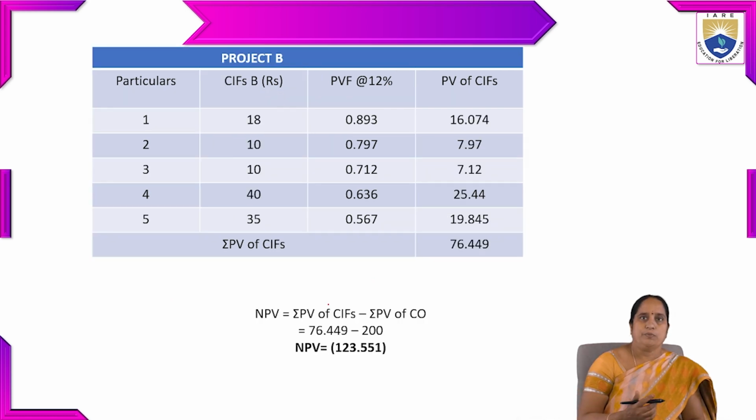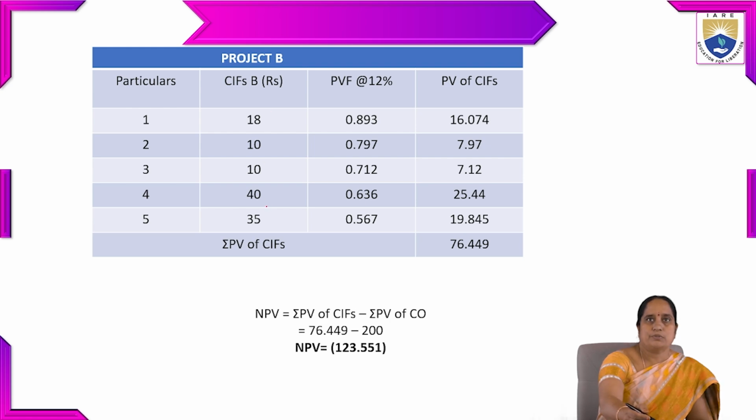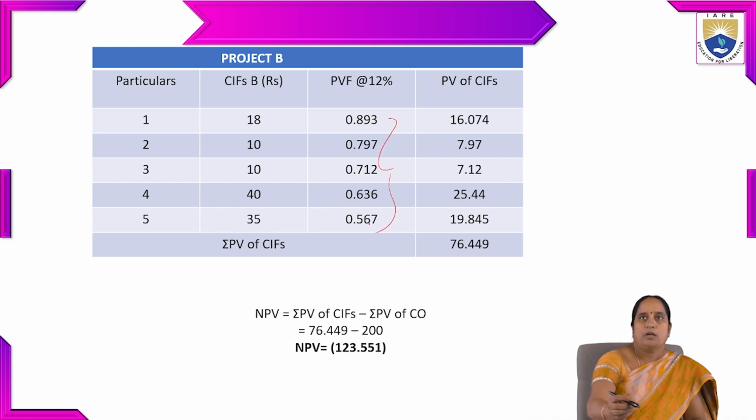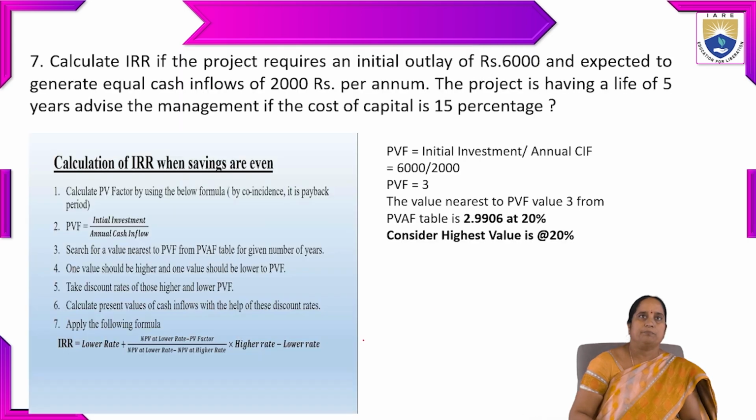Whereas coming to project B, the cash inflows vary, and for the same PV factor at 12% I have generated present value factors, then multiplied cash inflows with PV factors and substituted in the formula: NPV is equal to summation PV of cash inflows minus PV of cash outflow. So here I got a negative NPV.